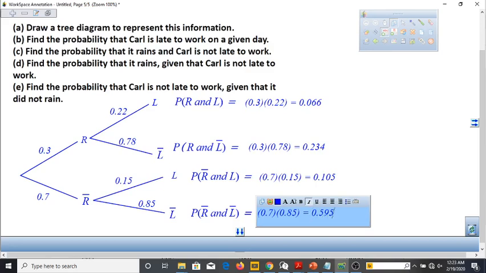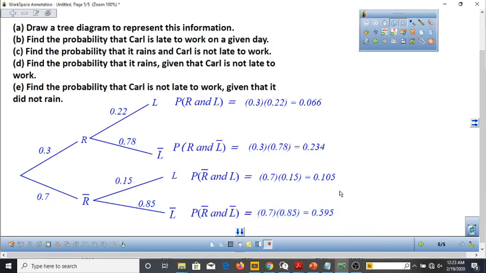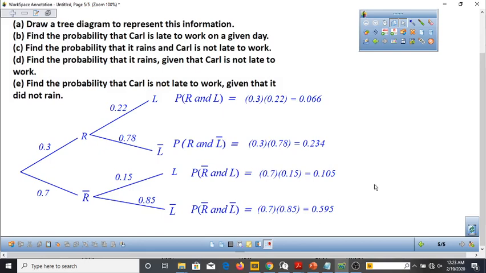So if we are right, when we add up all of these numbers, we should get 1. Let me just indicate it over on the right side here.